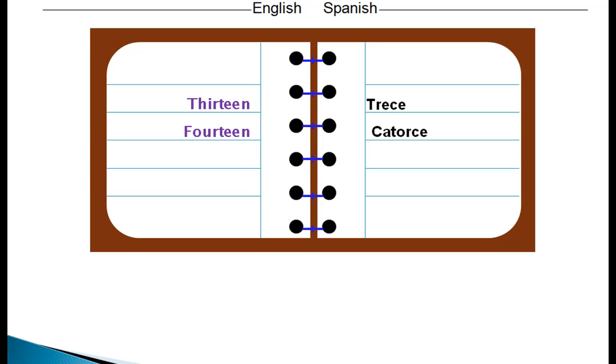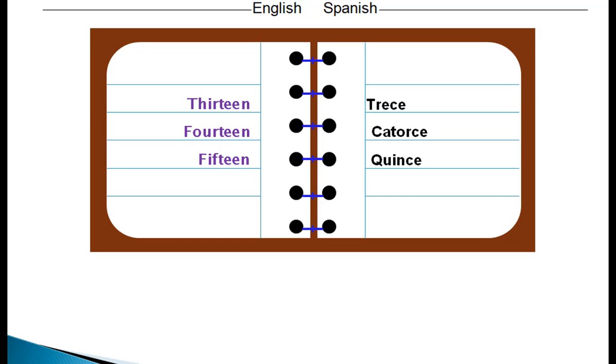Catorce. 4 was cuatro. And 14 is catorce. 15, quince. Quince. 5 was cinco. 15 is quince. Quince. Now number 16 to number 19.